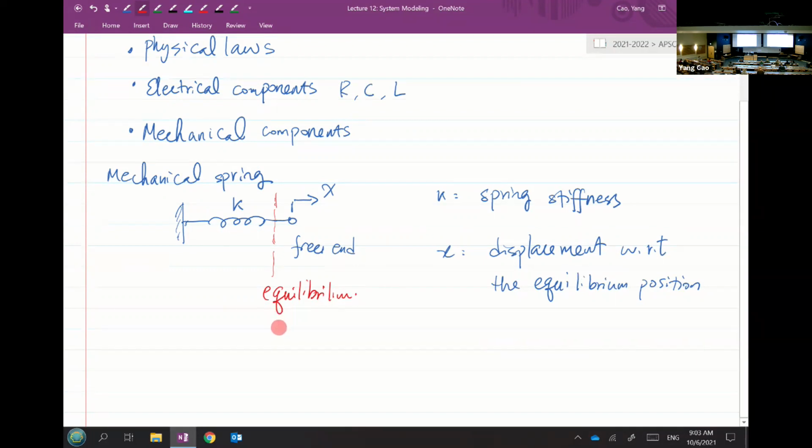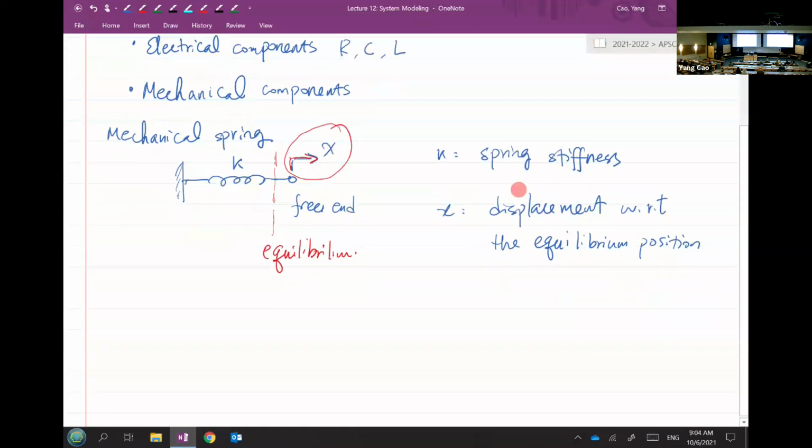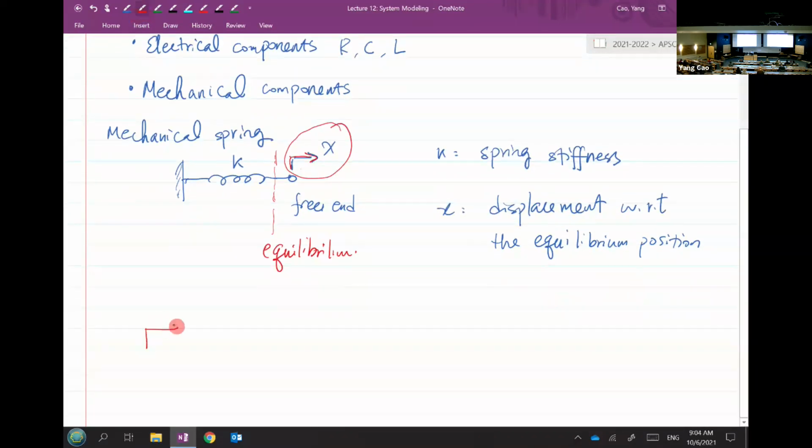Another thing I want to emphasize is, you see the drawing here, right? When we draw this displacement x, we draw an arrow attached to this free end. You've got to be clear: this is just a reference direction for x, okay?